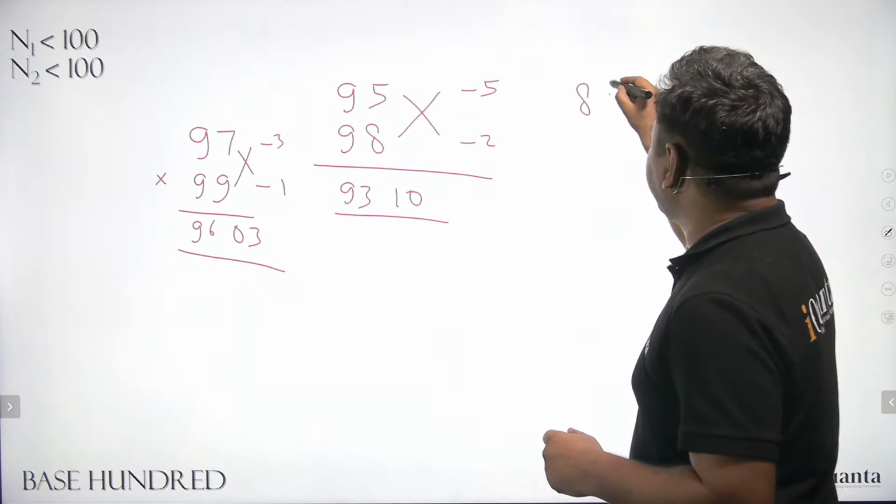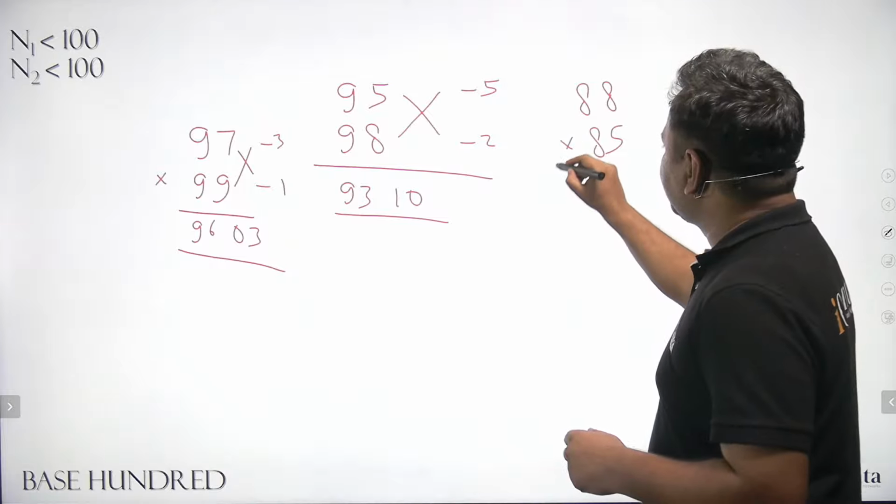Okay, let us take 88 multiplied by 85. Tell me the answer over here.